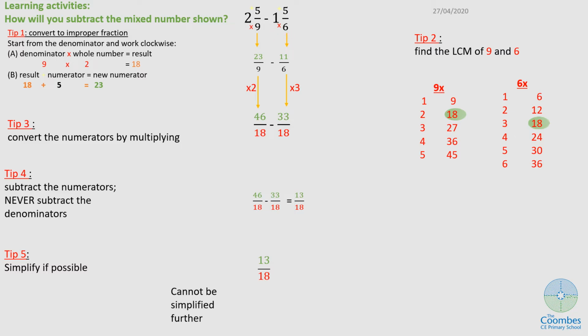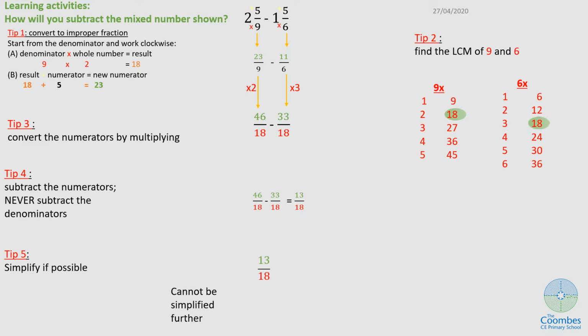To convert a mixed number into an improper fraction, you take the denominator, which for the first one is 9, times the whole number 2, so 9 times 2 is 18, and then we add the 5. So 18 add 5 gives me 23. So it's 23 over 9.